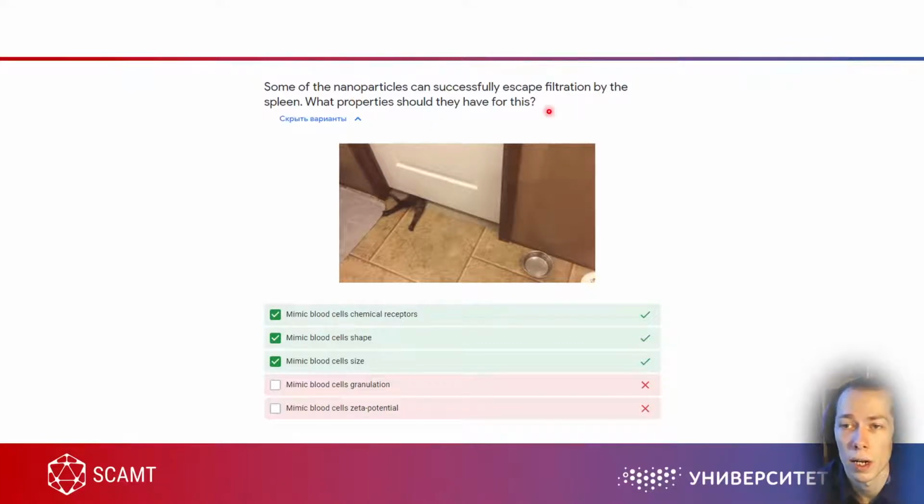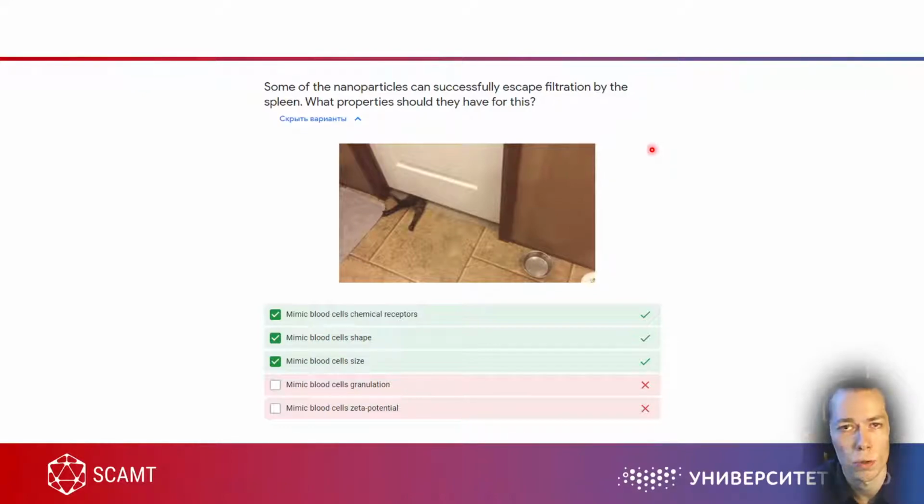How can nanoparticles penetrate the spleen? I talked a bit about the spleen and filtration of different cells, for example red blood cells. As you remember, there's a very tight space between endothelial cells in the spleen, and to enter this tight space, particles should definitely mimic the shape and size of cells.